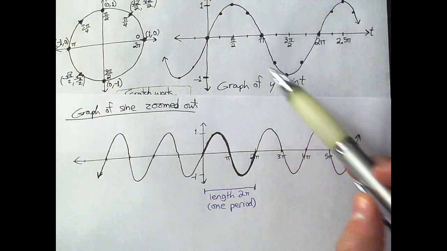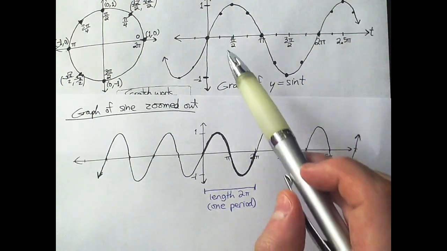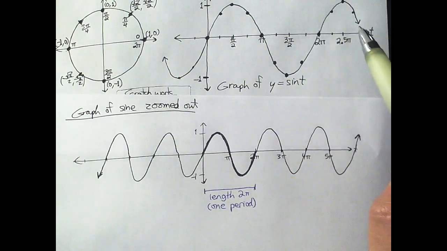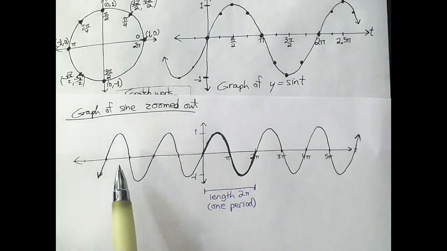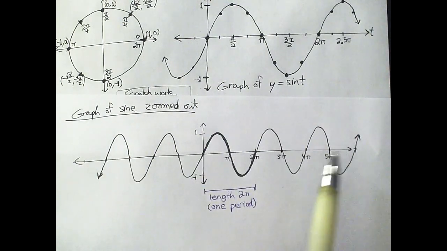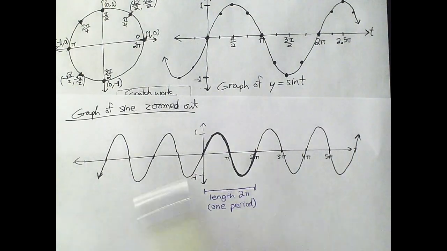I drew 1 period and then a little bit more to indicate that it's going to repeat and keep doing that shape. You don't necessarily have to make 5 periods. But I want to show you this. It keeps going up and down like this pattern forever.